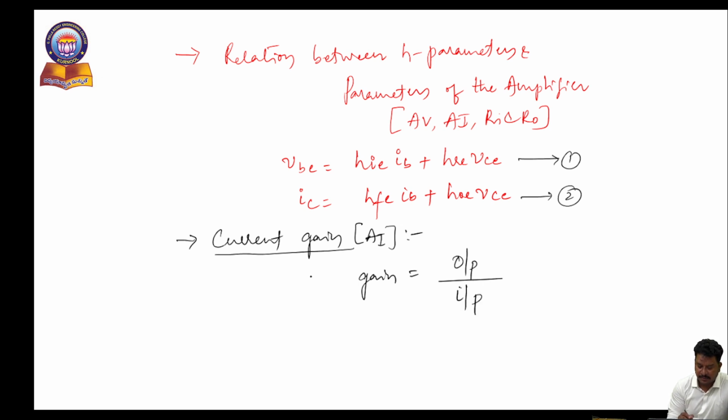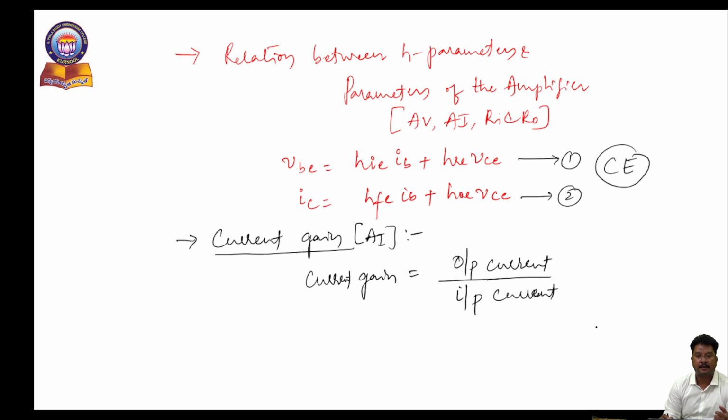So for current gain, it is the ratio of output current by input current. Starting from the analysis of H parameters as well as the parameters of the amplifier, among the three configurations, I am considering the common emitter configuration only.